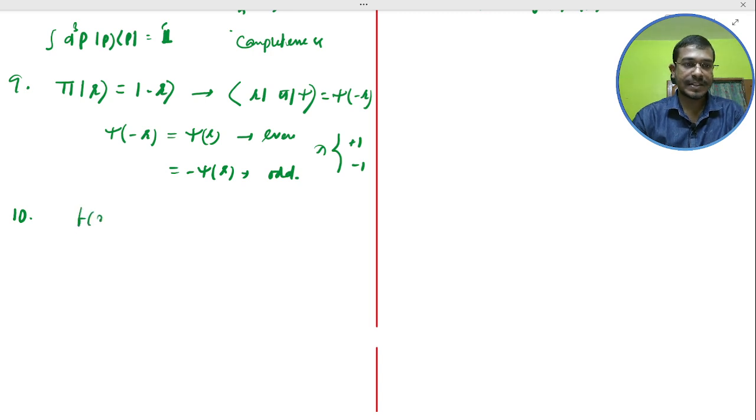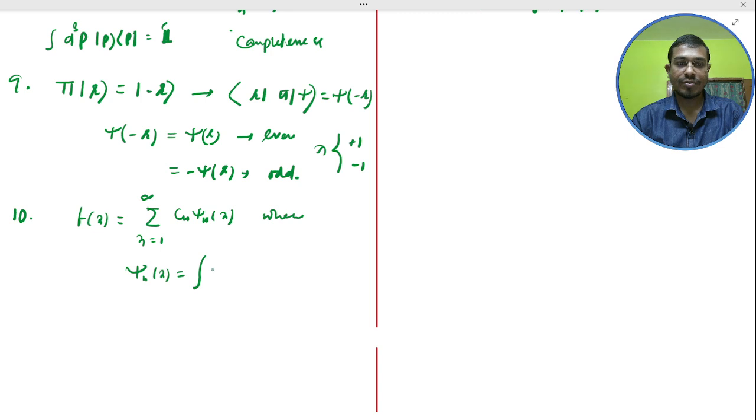That is, the function of x equals summation n equals 1 to infinity c_n ψ_n(x), where c_n equals integral ψ_n*(x) f(x) dx.